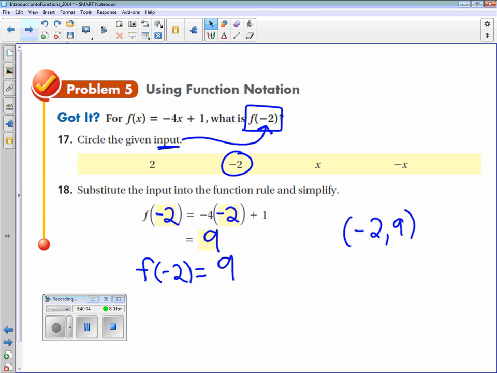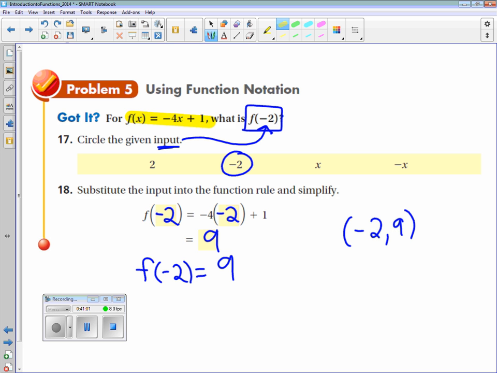Okay? Do me a favor. Plug this into your calculator. Go to y equals, plug it in right now. Good job. So plug in -4x plus 1.